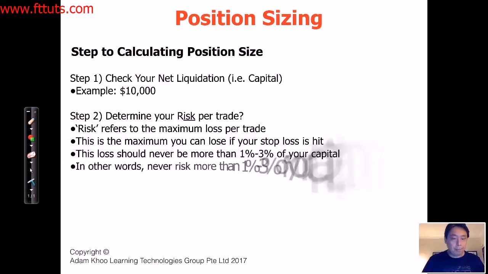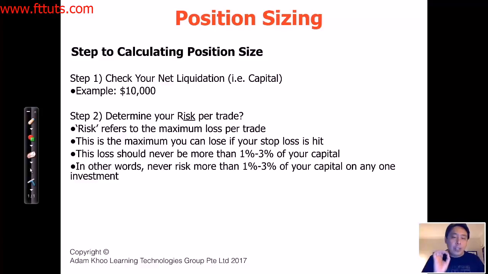In other words, never risk more than 1% to a maximum of 3% of your capital on any single trade. My suggestion is to always start with a 1% risk per trade, and once you are confident and experienced enough, you can raise it to 2% and eventually to 3% maximum.